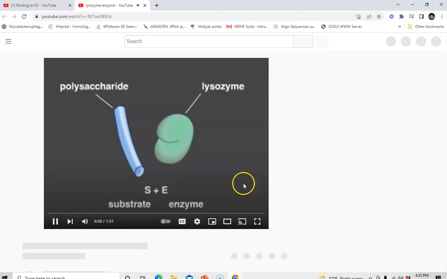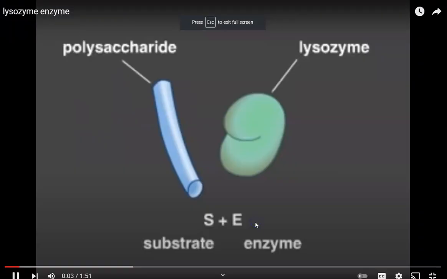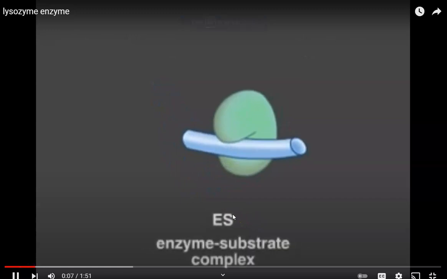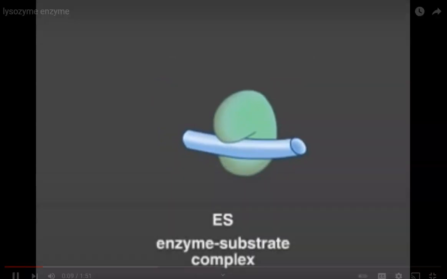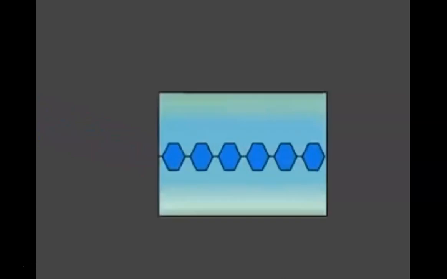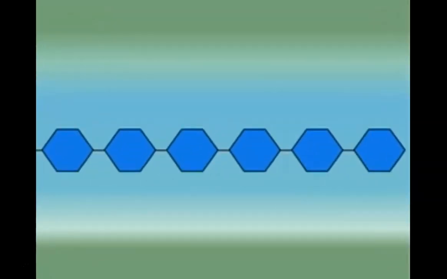The lysozyme enzyme cleaves polysaccharide chains. First, the enzyme and substrate associate, forming an enzyme substrate complex. The enzyme catalyzes a hydrolysis reaction that cleaves the substrate into products, which are quickly released, allowing the enzyme to catalyze another reaction. The cleft in the enzyme holds 6 sugar residues of a polysaccharide.